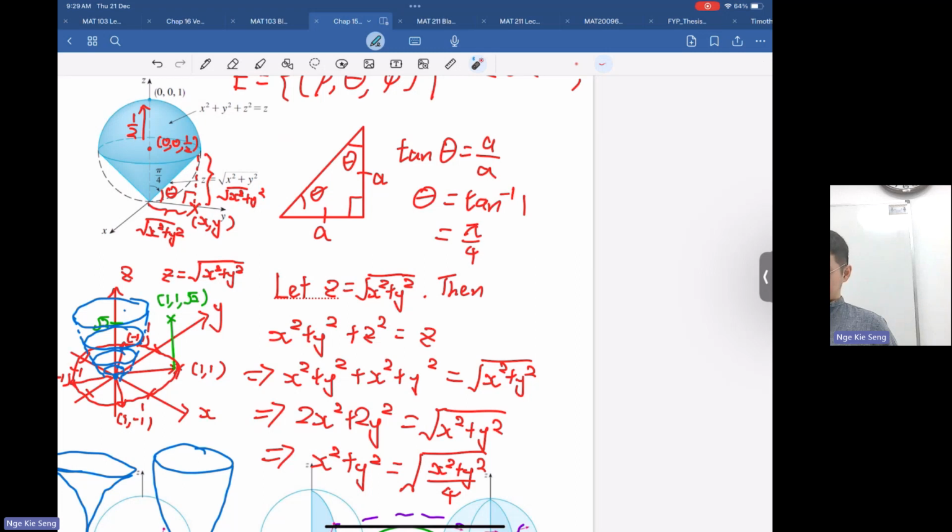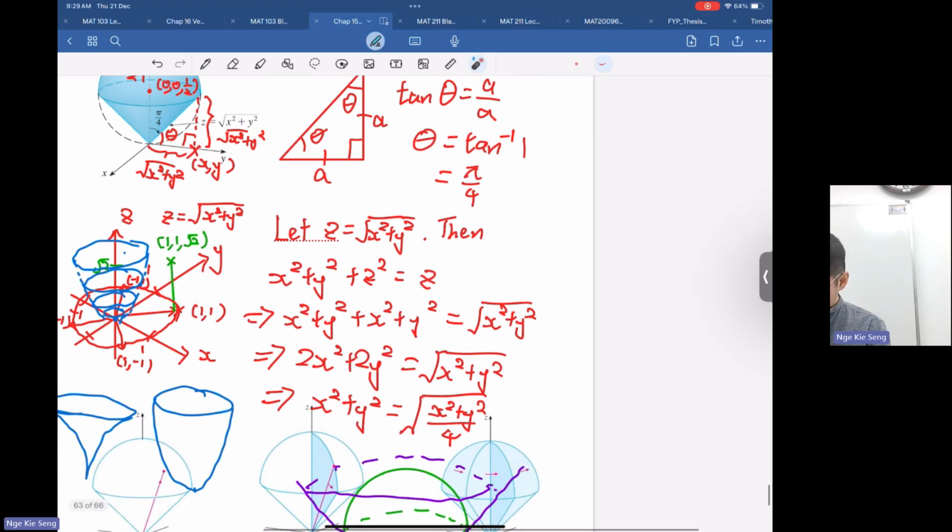x squared plus y squared is z squared. The left hand side is z squared.